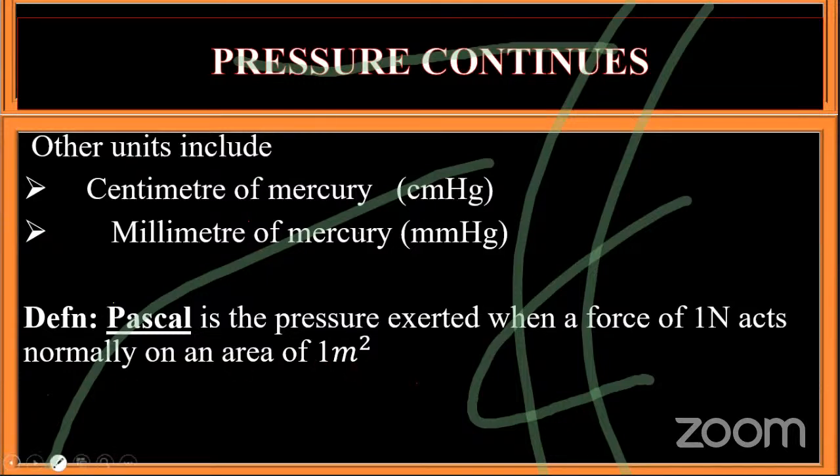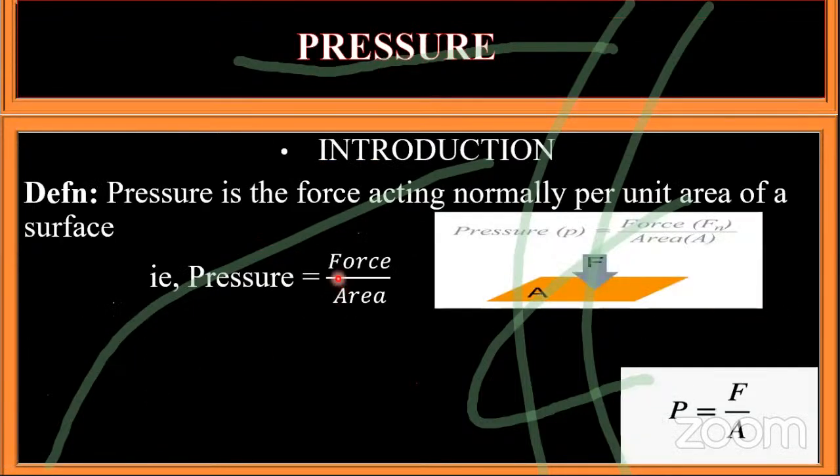Let me go back to the other slide. Do you see this? Pressure is the force over area, and the unit is pascal. So when you're talking about pascal, it is the pressure exerted when this force is 1 Newton, and when this force of 1 Newton acts on an area of 1 meter squared.